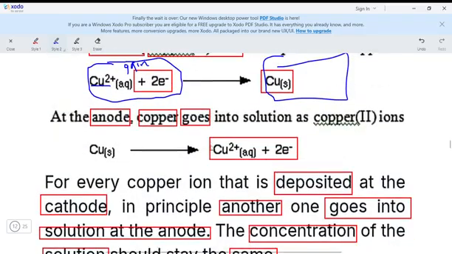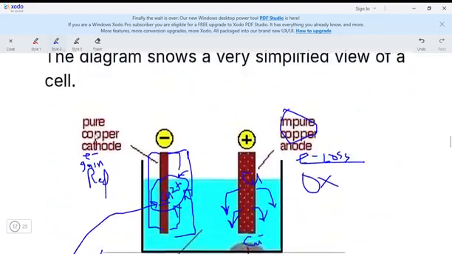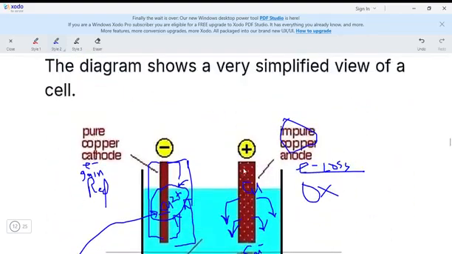And as I said, when it is on the right, it shows it's losing, it's going out. So loss of the copper 2 electron shows that it is going into the solution as copper. Now that tells us what will begin to happen to this impure anode: it will begin to reduce. It was impure, and it will be reducing.